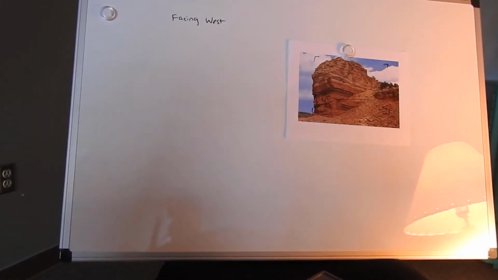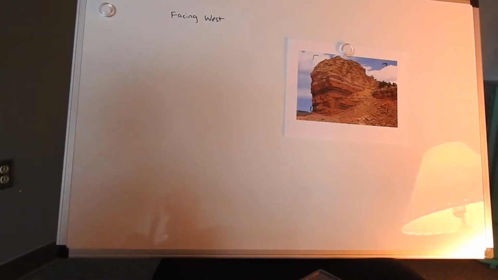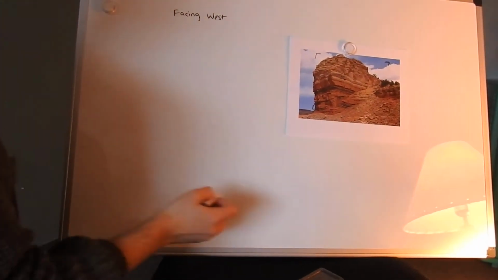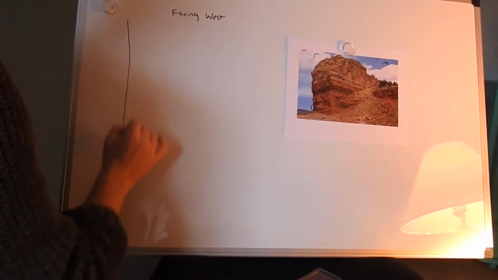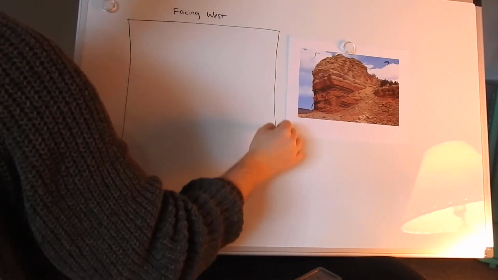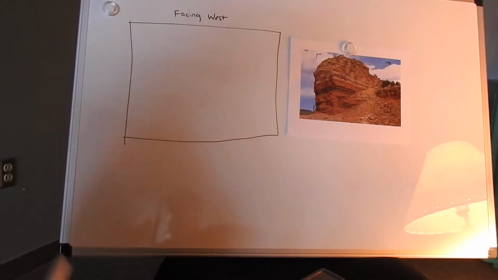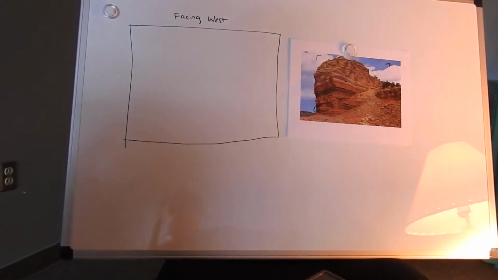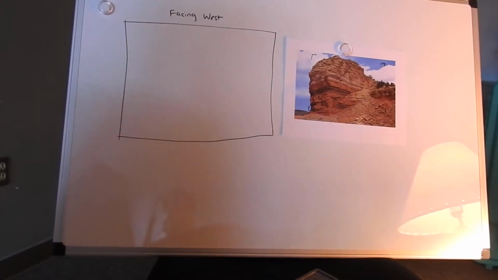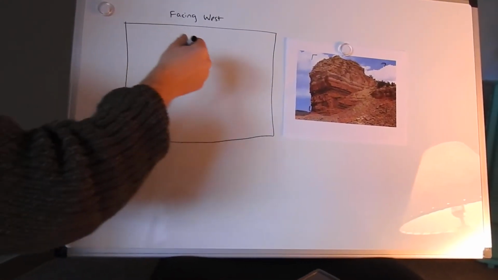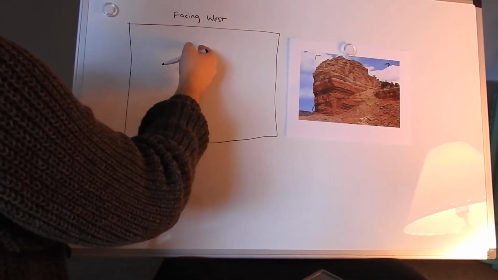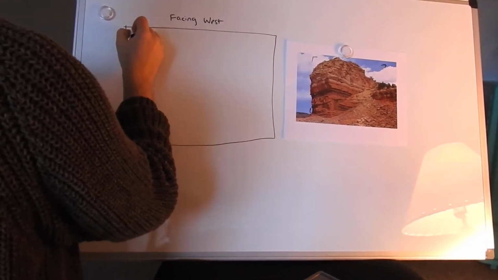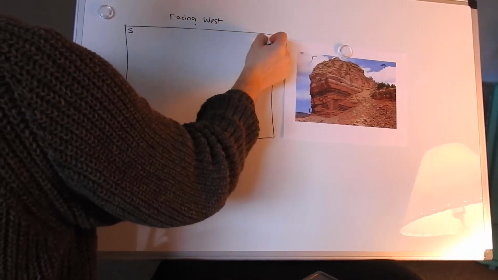Perfect. Okay, so you could write facing west. You could also, on your area that you're going to have to sketch in, so you're going to pick half of your field notebook. So you're going to pick one page of your field notebook. If you know you're facing west, then you know that to your left is south and to your right is north.